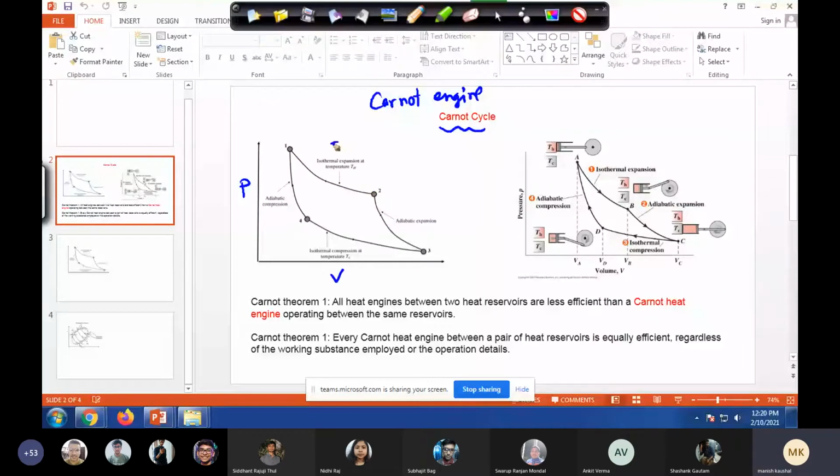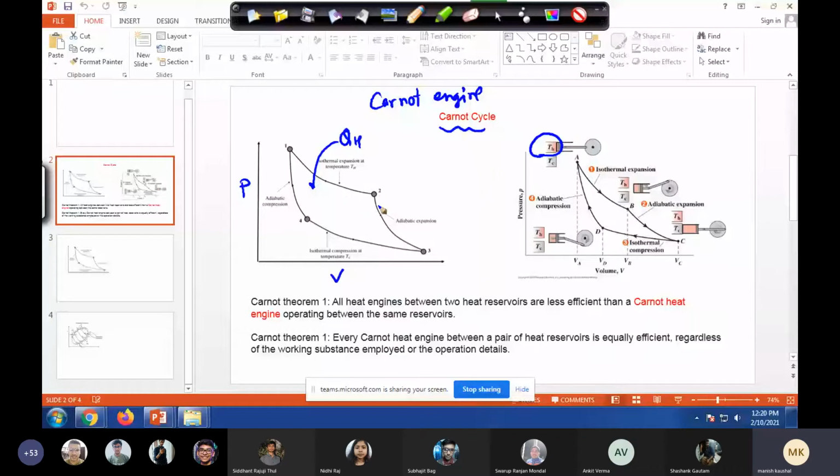This is the step where you provide heat QH. And how do you provide the heat? By keeping this gas piston system, or engine, whatever it is, in contact with a thermal reservoir at high temperature TH, as you can see in the right-hand diagram. You are doing it reversibly, very slowly, so QH is transferred in small steps. So it's a reversible heat transfer. So 1 to 2 is isothermal expansion.